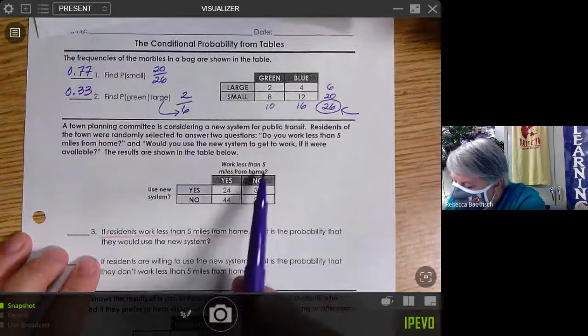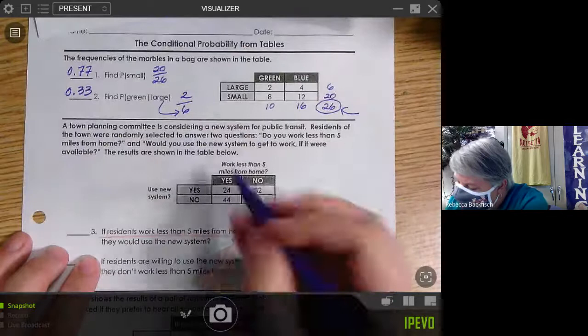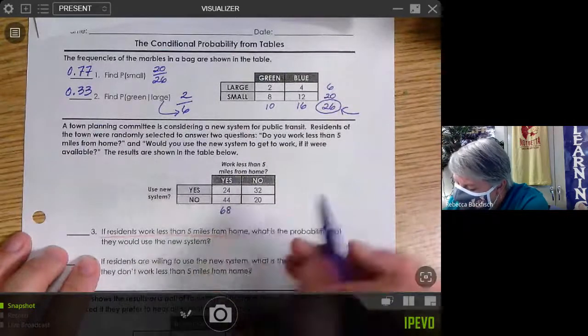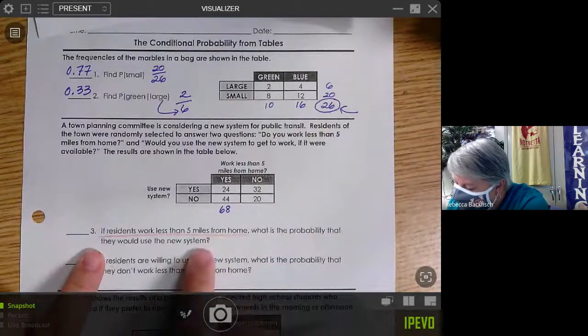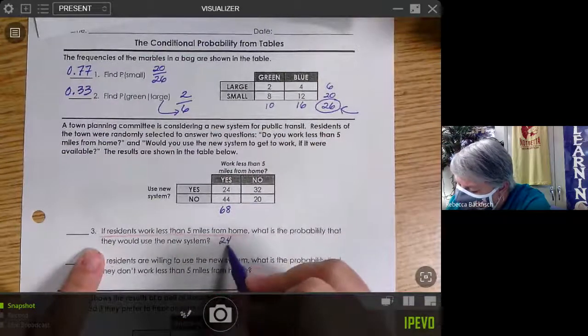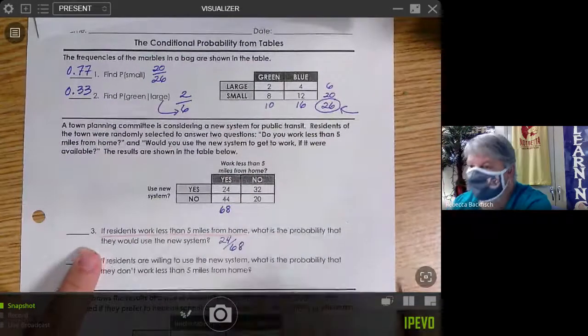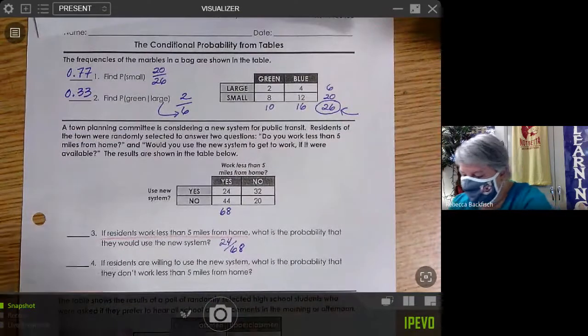So less than 5 miles from home, yes, that's this column. So 24 plus 44 is 68. So this is saying out of those 68 people, what is the probability that they would use the new system? So that's the yeses out of the 68. So that's 24 out of 68. And that's 0.35.